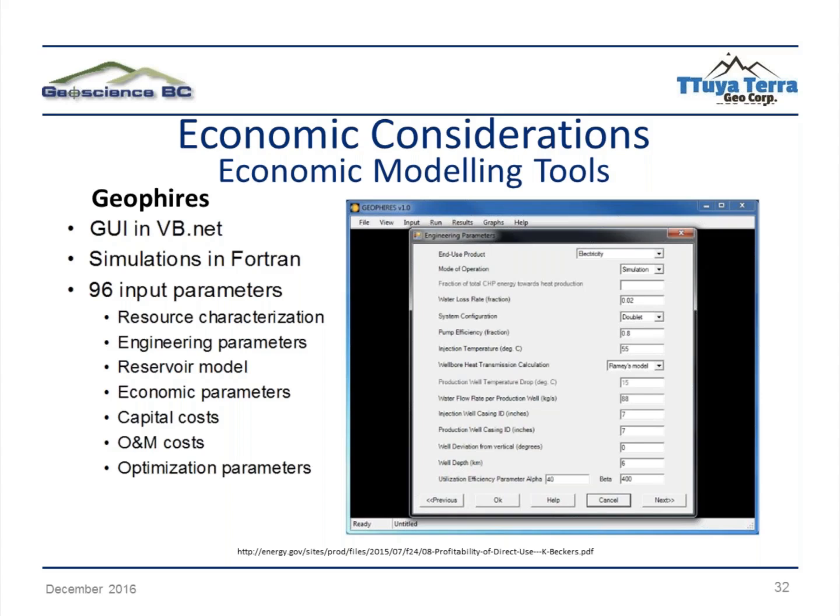And then as you progress, all of your engineering parameters, your reservoir model parameters, and then all of your different economic parameters, such as your capital costs, your operating and maintenance costs, and then any parameters that you may include to optimize the system.